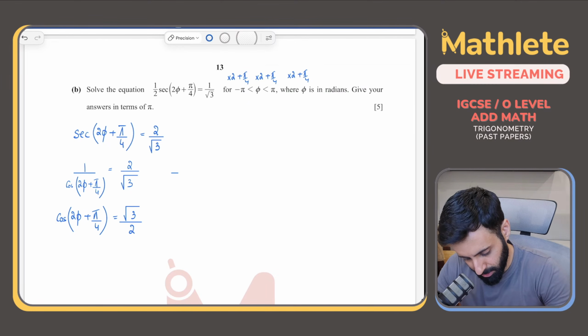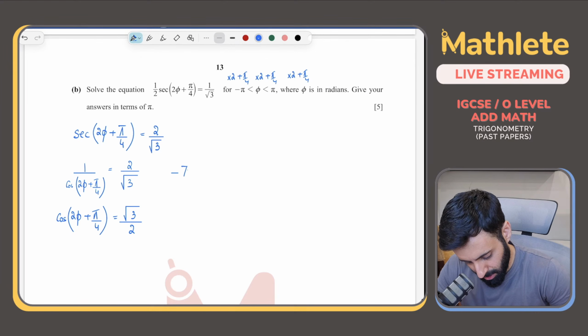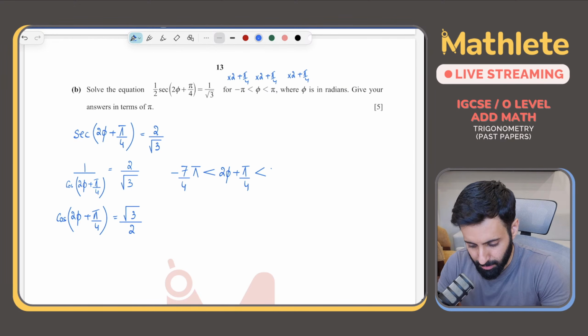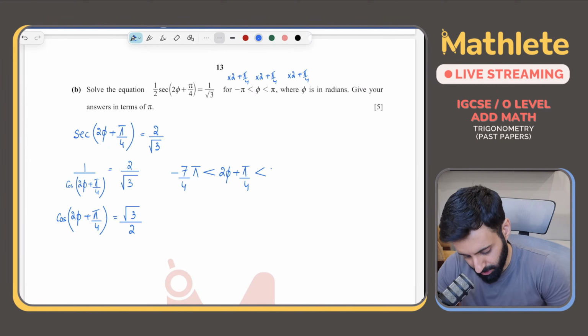That's equal to minus 7 upon 4 pi, which is less than 2 phi plus pi upon 4, which is less than pi into 2 plus pi upon 4. 2 pi plus pi upon 4 equals 9 upon 4 pi.